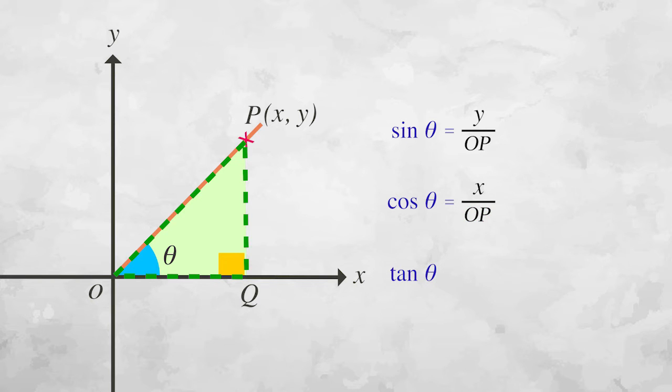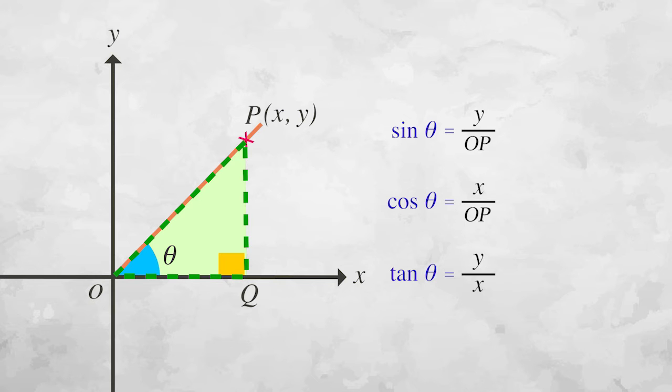It is just the ratio of the side opposite to angle theta to the side adjacent to angle theta in the right-angled triangle OPQ. That is PQ over OQ. This is none other than the y-coordinate of point P over the x-coordinate of point P. These definitions also apply to any angle on the coordinate plane.